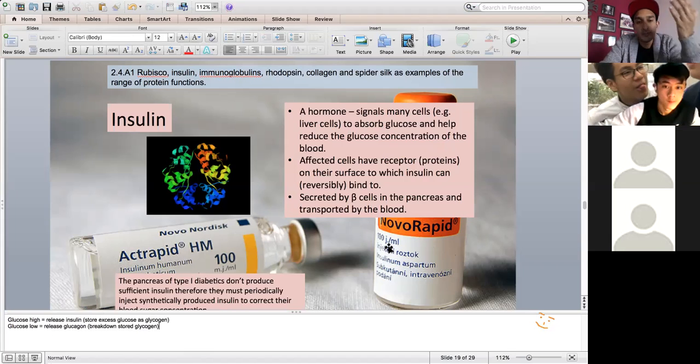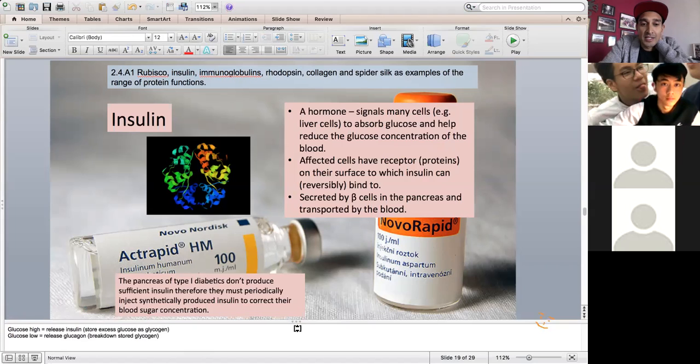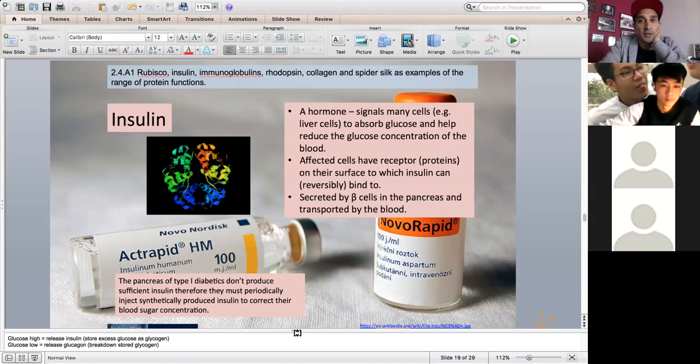So insulin is a protein. It's a peptide-based hormone. Later on in the fall, when we do our options, if we go with option D, we will see a bit more detail about protein-based hormones. But we know quite a bit about insulin already, right? We know that it's secreted by beta cells. How do you remember?